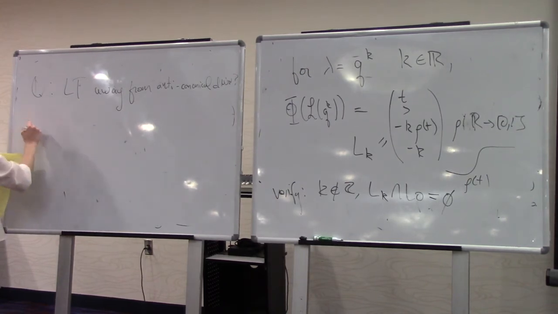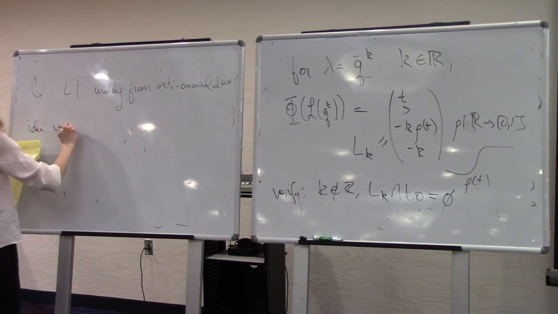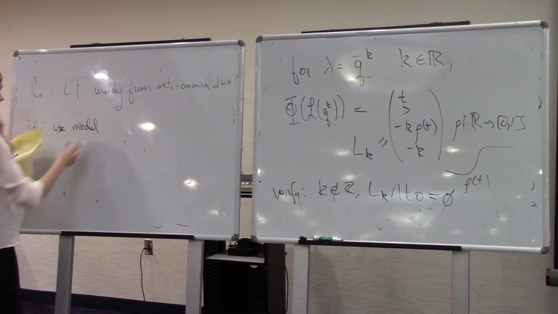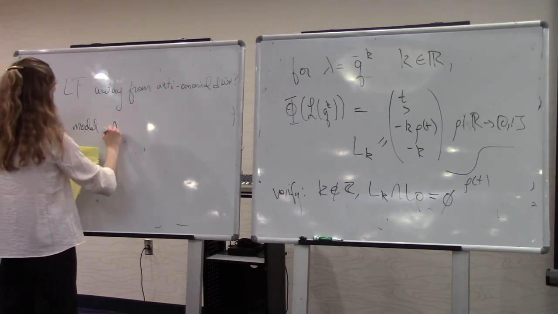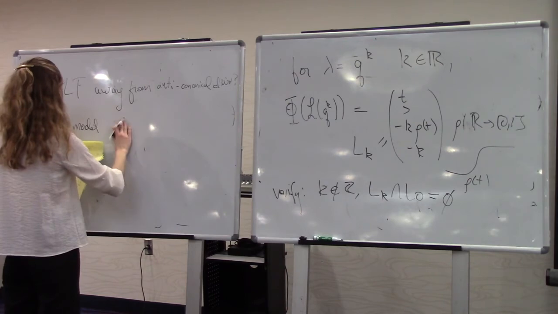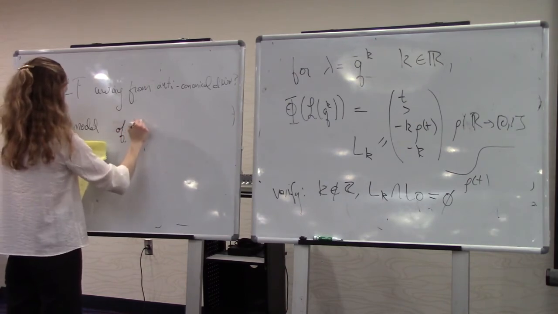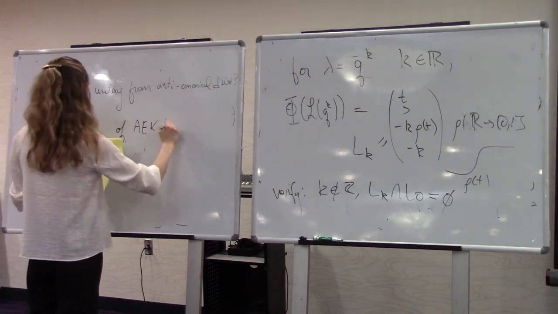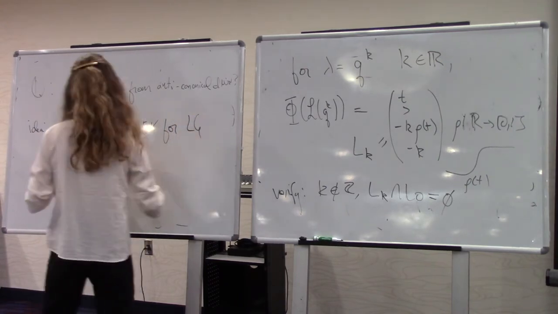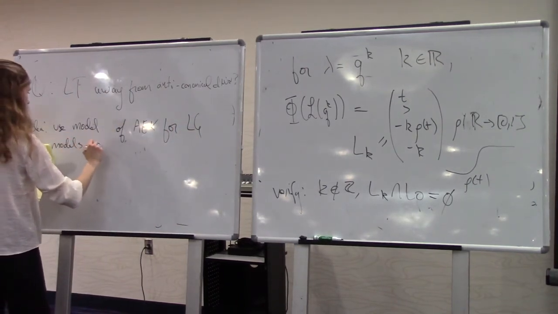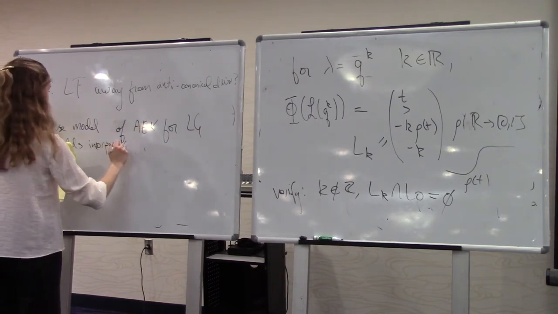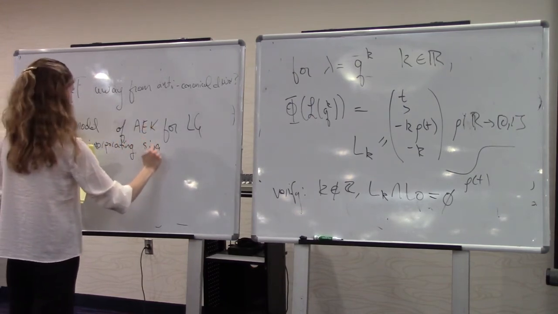So the idea is to use the model that we learned about this morning of Auroux, Efimov, Katzarkov for LG models, incorporating singular Lagrangians.